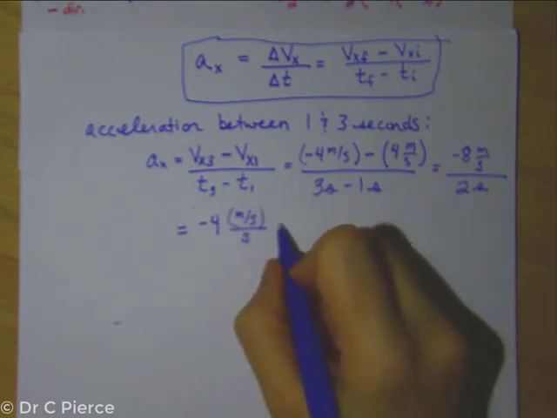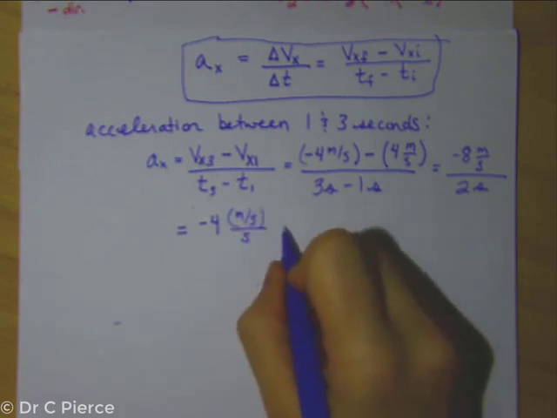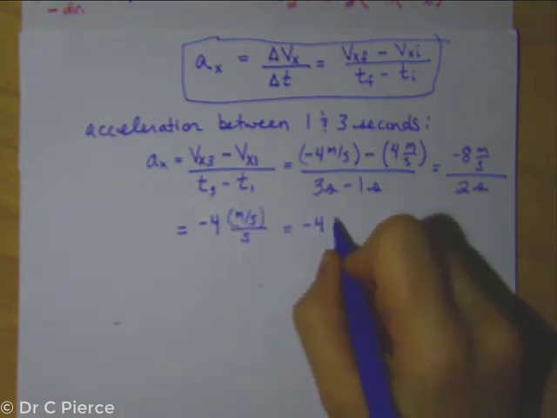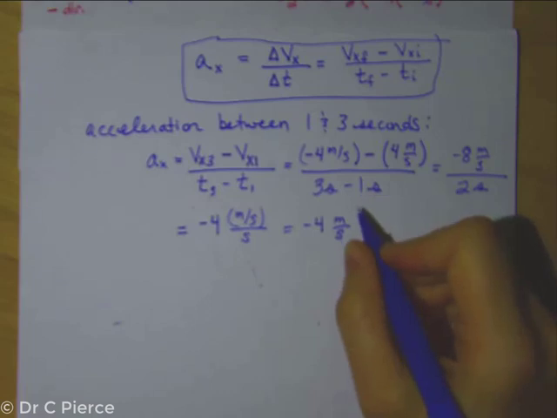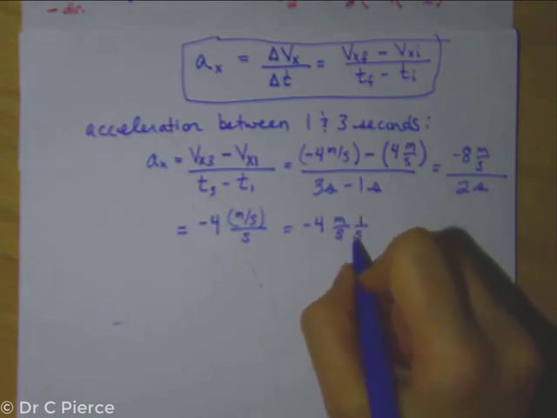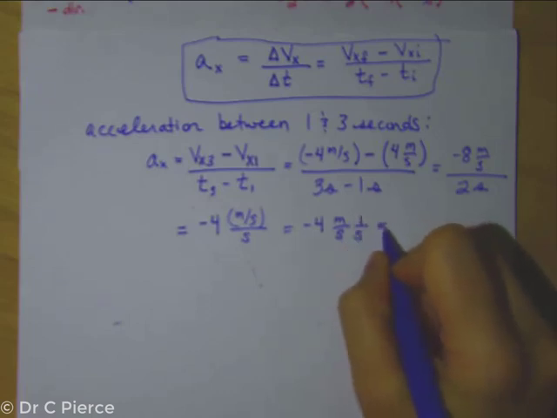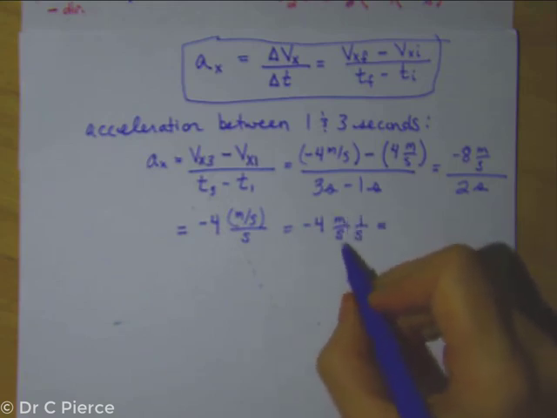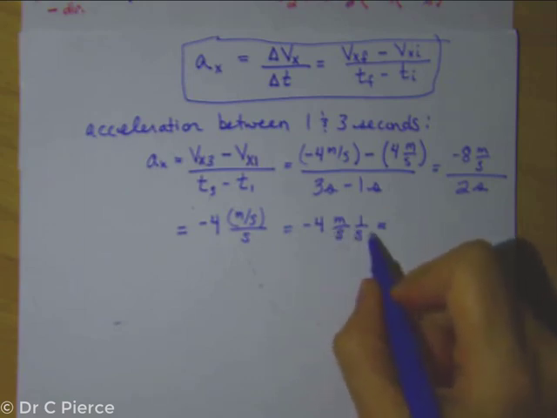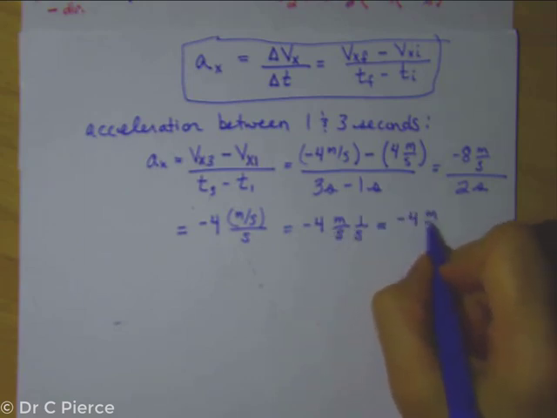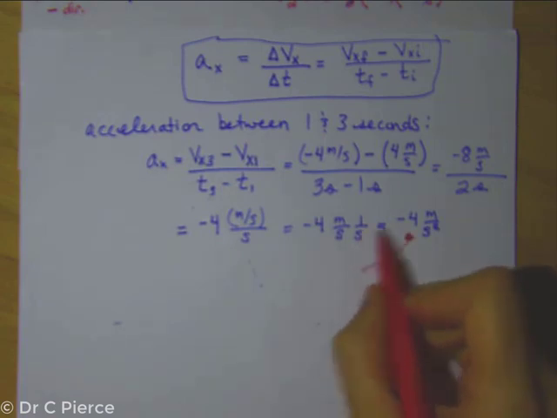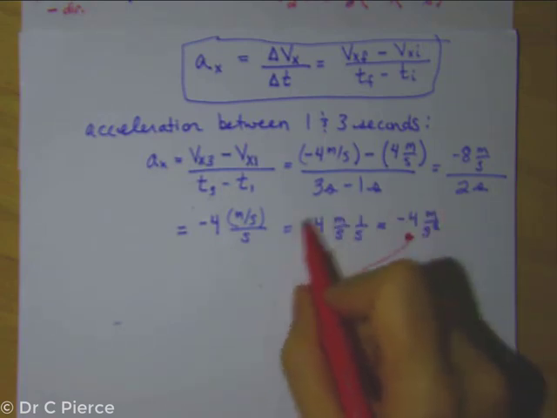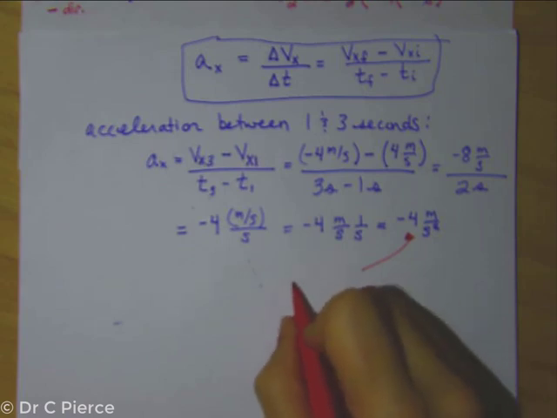But I can rearrange this fraction of units to be a meters per second times 1/second, which makes it easier to see why we say the units of acceleration are going to be meters per second squared, because there's 2 seconds in the denominator. So -4 meters per second squared. So what this means is that every second, your velocity will change by -4 meters per second.